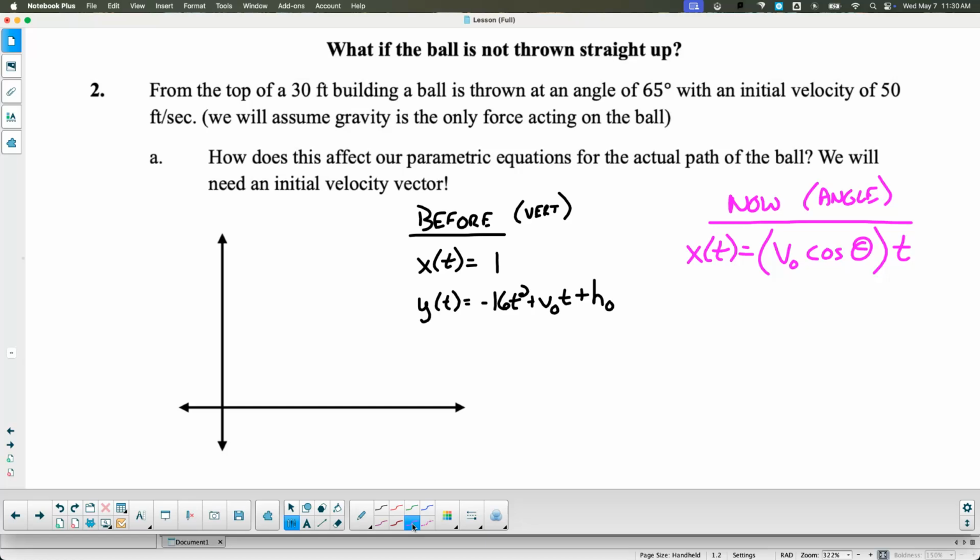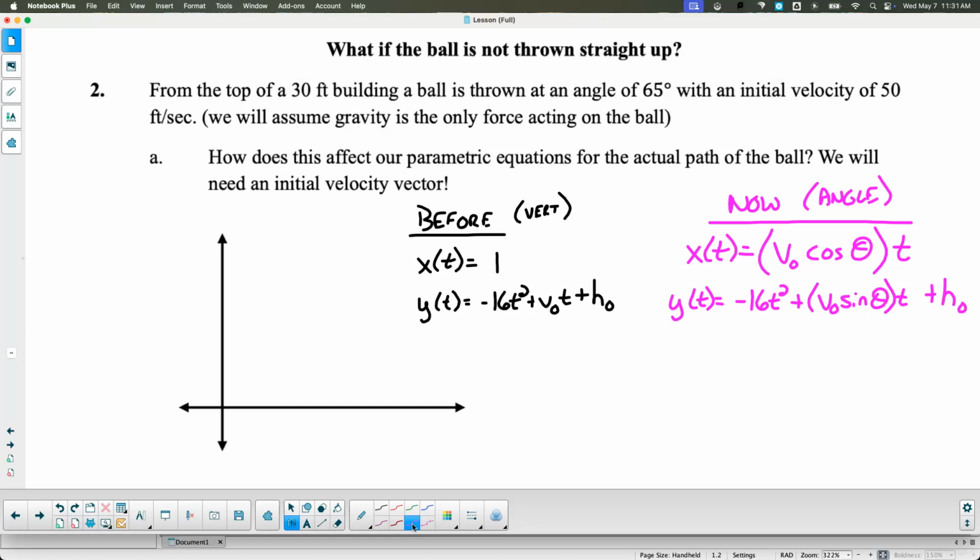So we have that initial velocity, we have that angle involved, and it's going to be times t. Y of t is now going to be negative 16 t squared plus v sub 0 sine of theta times t plus h sub 0. Which I think you have written down there in letter B.